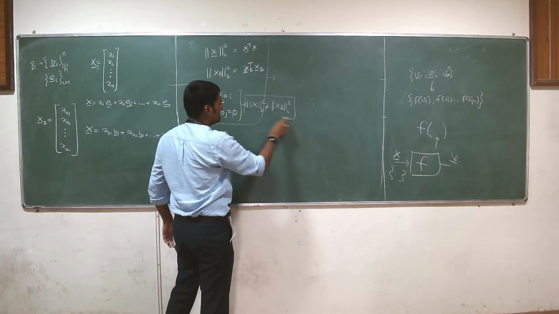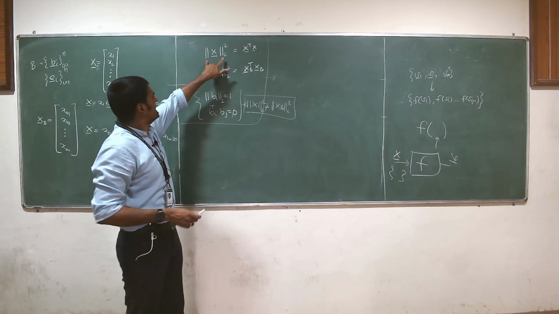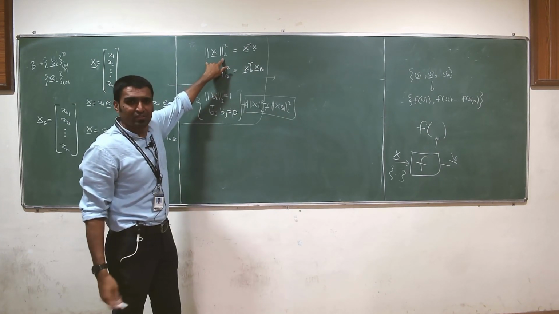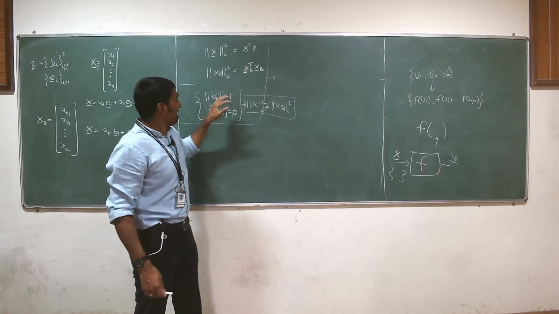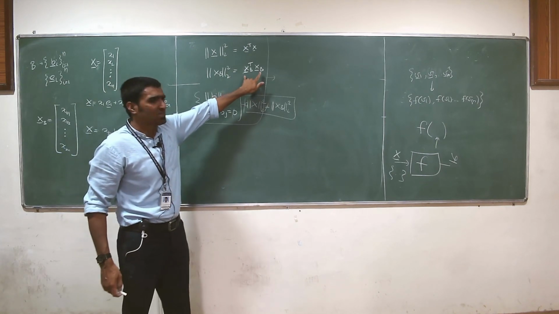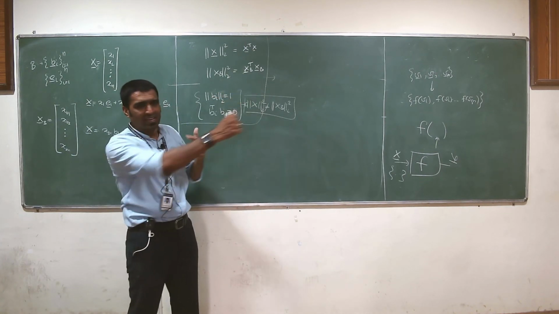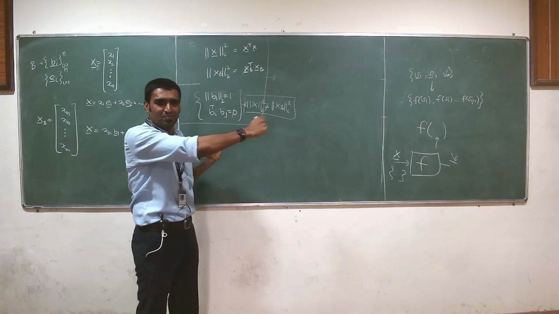This simply means that if you have an orthonormal basis, then the 2 norm of the vector is simply given by x transpose x. If you have a basis which is not orthonormal, it turns out this is not the correct way to compute the length. The length of the vector is its inherent property.